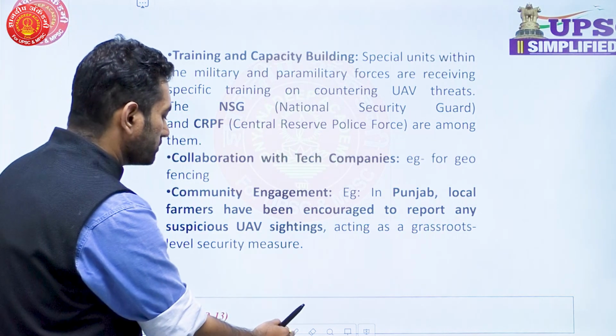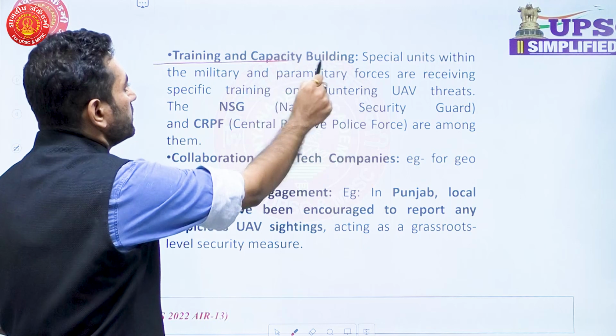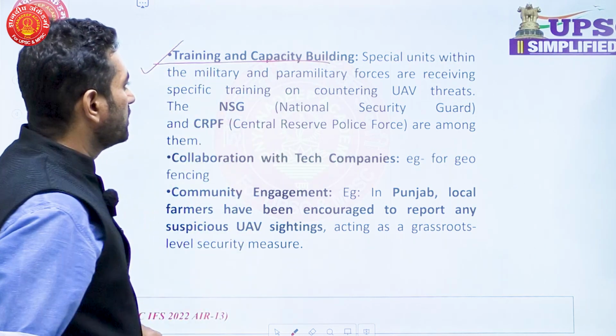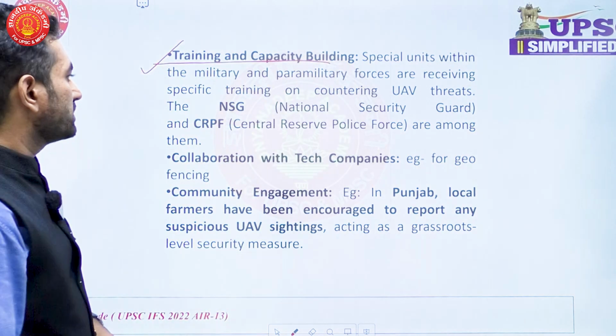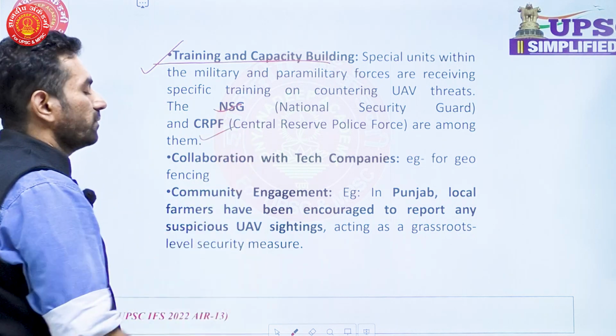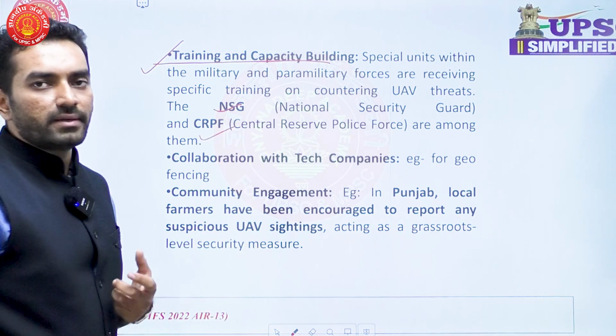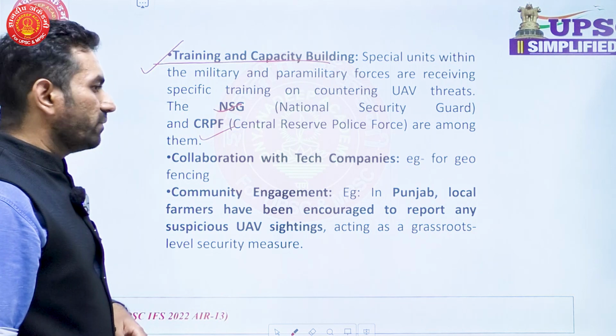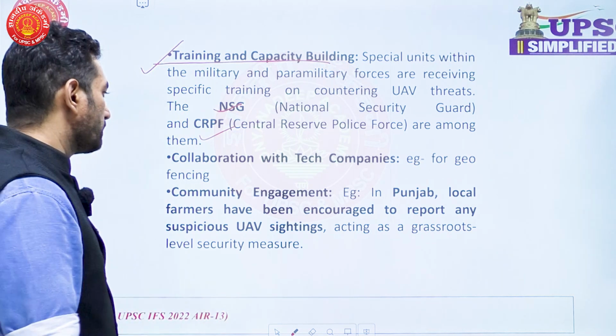Fourthly, research and development is conducted by DRDO for offensive and defensive measures related to UAVs. Fifthly, training and capacity building measures. Special units of military and paramilitary forces like NSG and CRPF are undergoing training related to UAV management and the threats related to it.